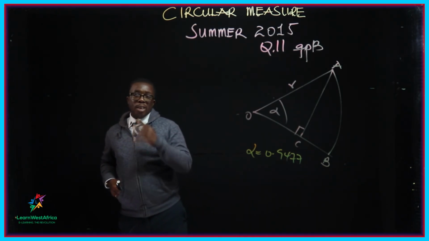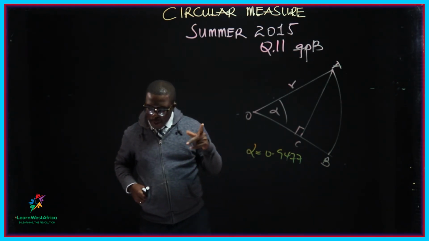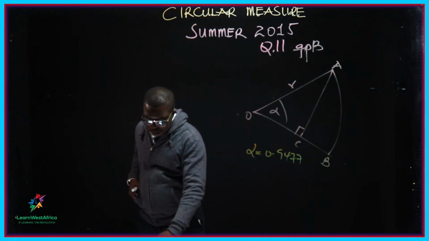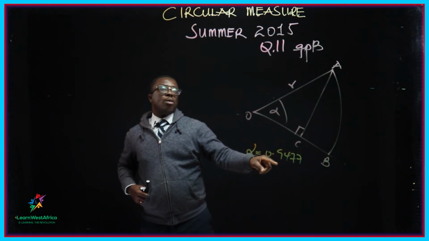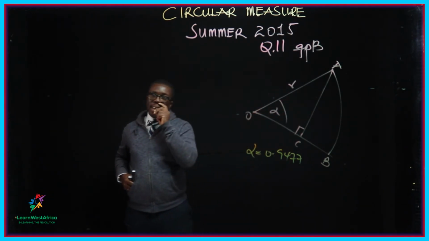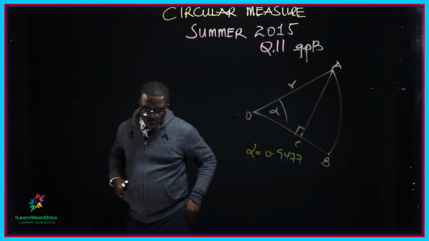Hope you are fine. So we want to find the perimeter of the region OAC to the perimeter of the region ACB. So this space that we are talking about, what is the perimeter of that? Now, that's the value of the alpha that we've been given in the problem. So how do you find the perimeter?